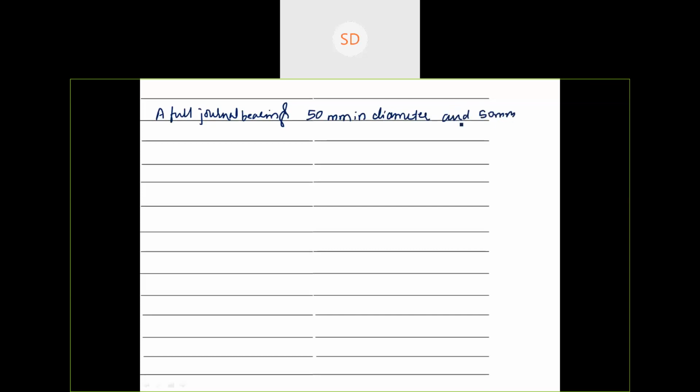In the earlier problem, they had given the type of machine and its condition. Now it is 50 mm in diameter and 50 mm long, operates at 1000 RPM, and carries a load of 5 kilonewton.